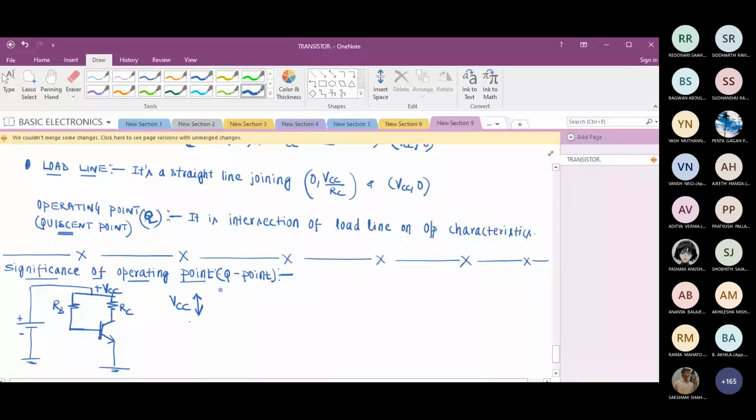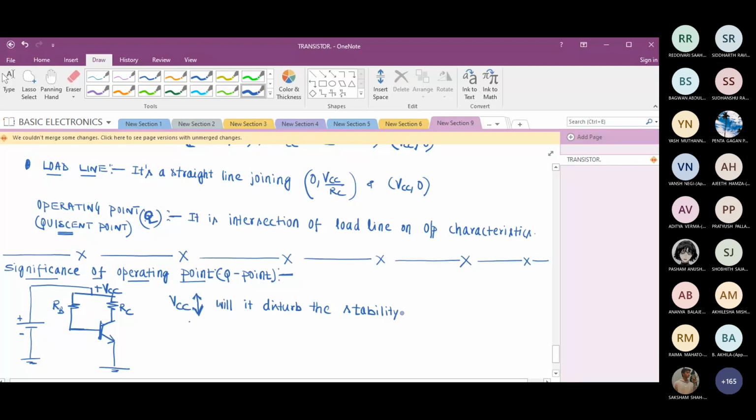Suppose it happens, will it disturb the stability of the circuit? If VCC varies up and down, my question, will it disturb the stability of the circuit? Yes, sir.